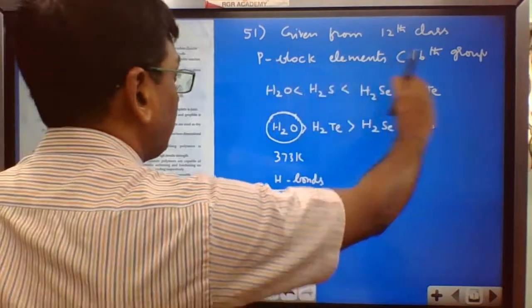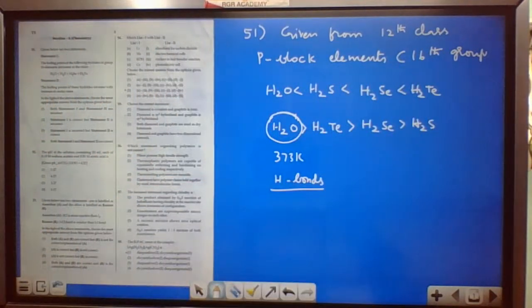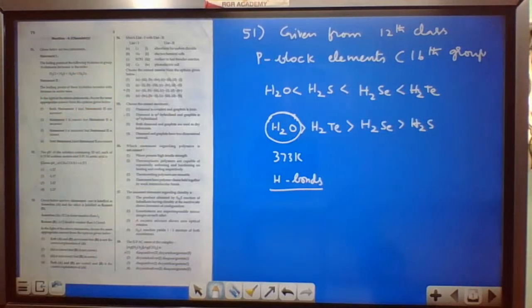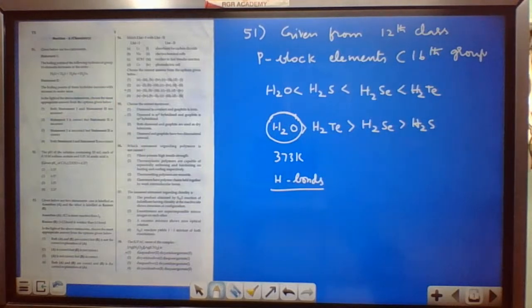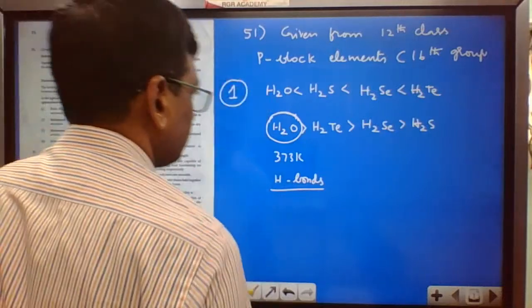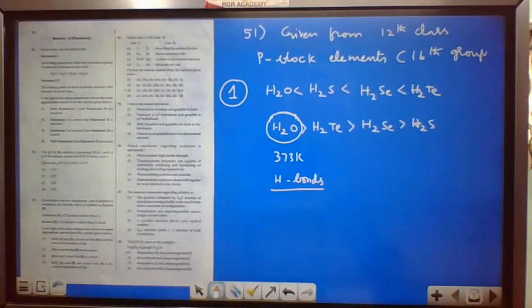In general, boiling points increase with molar mass, but in this case, boiling point of these hydrides does not increase with increase in molar mass. That is wrong. So both statement 1 and statement 2 are incorrect. So 51 answer is first. You see that this time they gave majority of statement questions. So keep this in your mind for the students who are going to repeat the examination for next academic year.